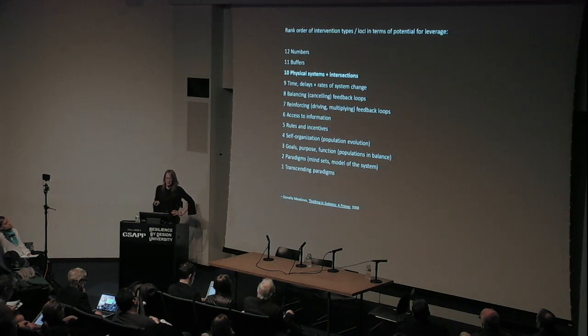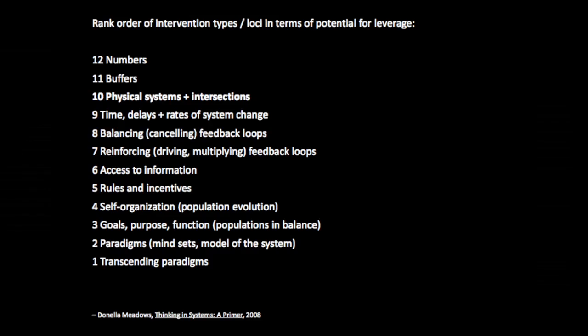And for me, the most useful thing, if you're going to look at anything in systems theory, is this list from Donella Meadows' Thinking in Systems. She rank orders, by degree of potential for leverage, all of the locuses of action in any kind of problem.